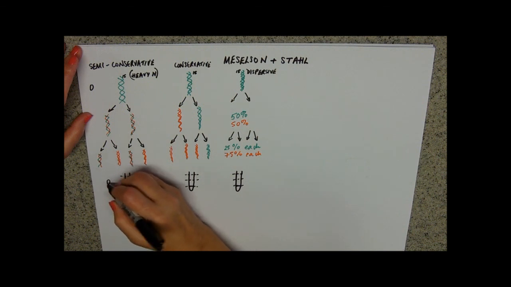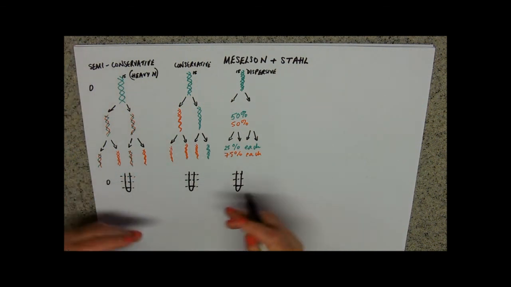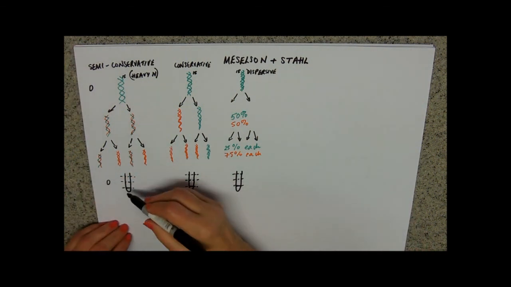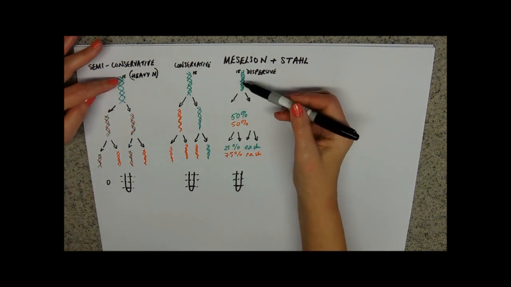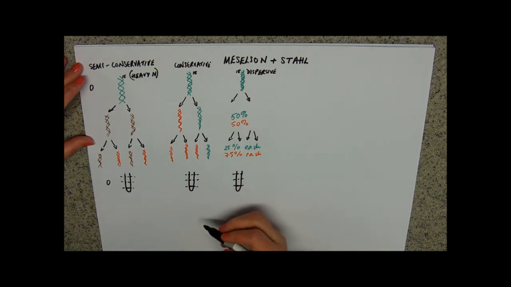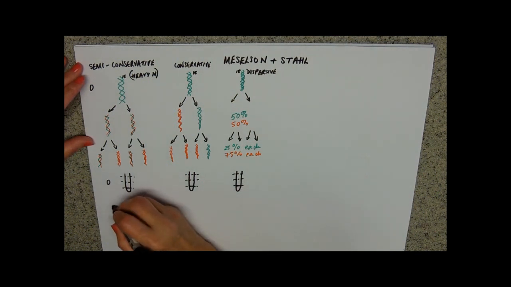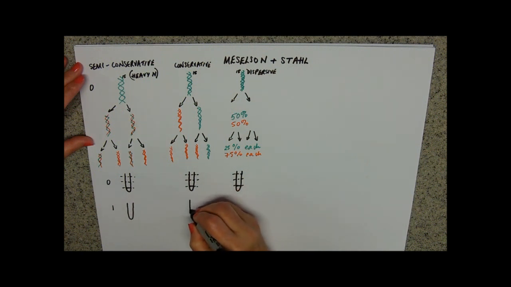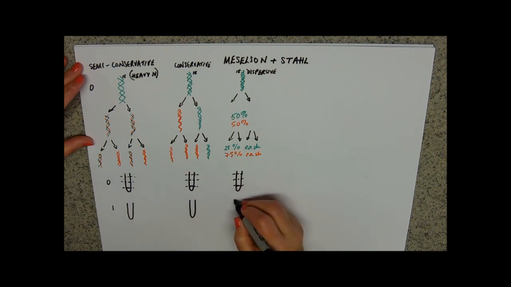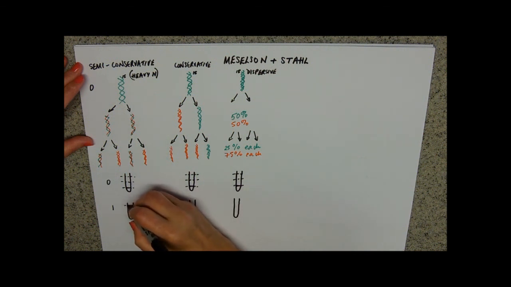So this is generation 0, and in all three tubes we would expect that because we've got heavy DNA, it would all sink to the bottom. When we get to generation 1, and again, we're doing a model for all three tubes, and then we'll look at what they actually got.